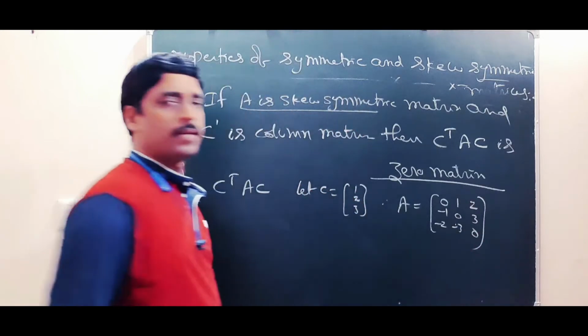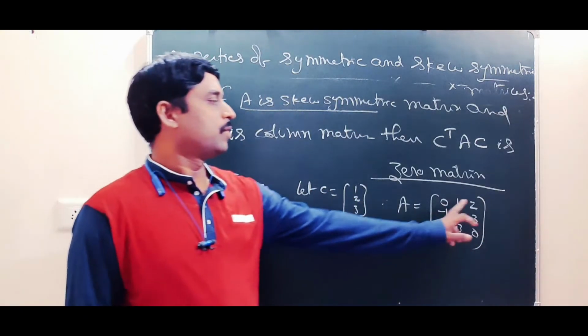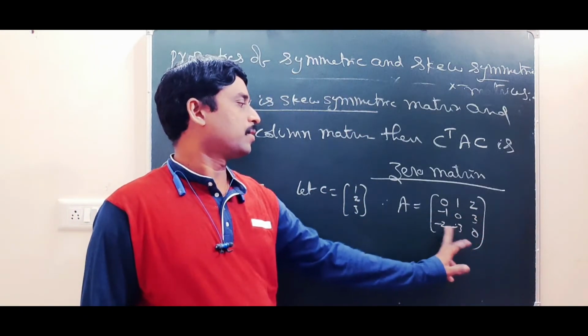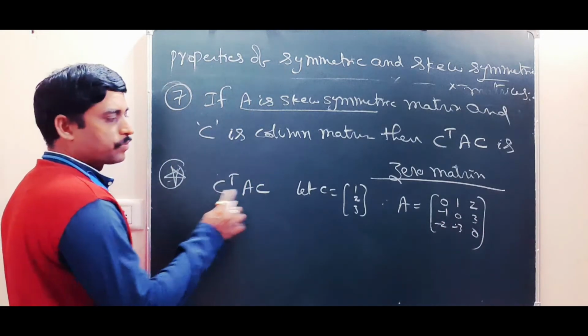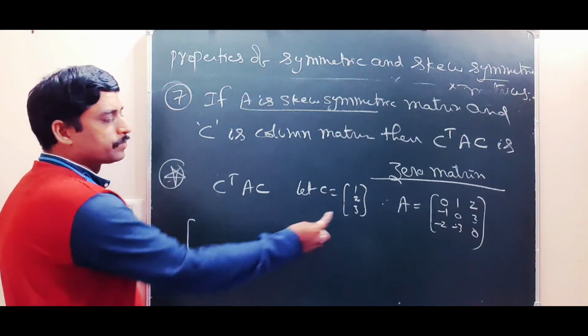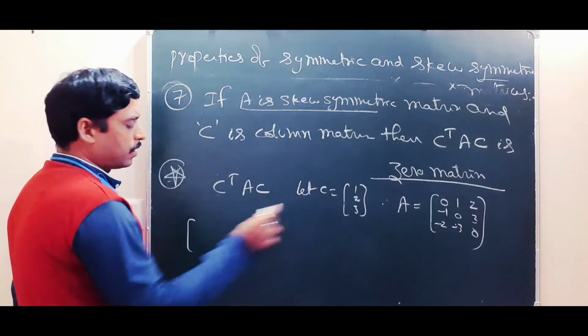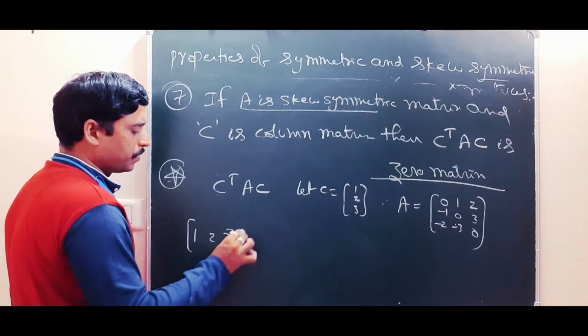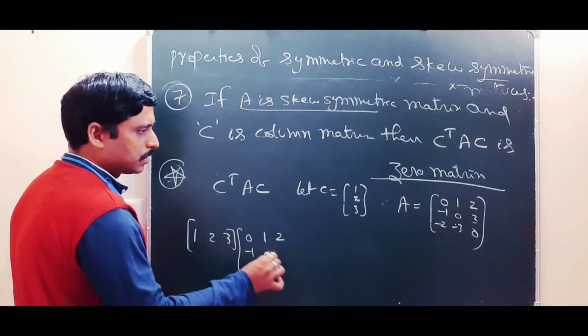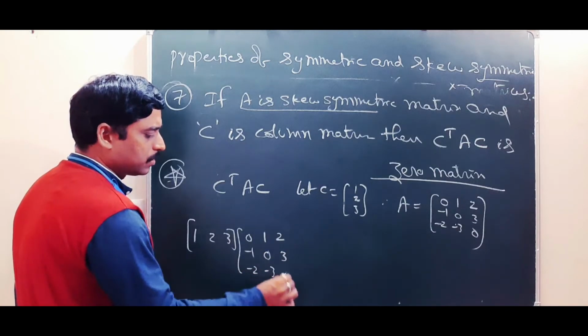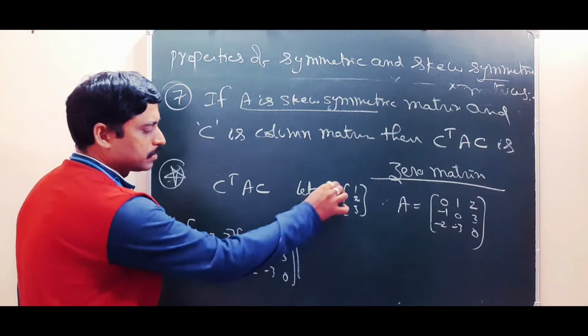Okay, this is a skew symmetric matrix. Now transpose of C, the transpose of a column matrix is a row matrix, into A, into C.